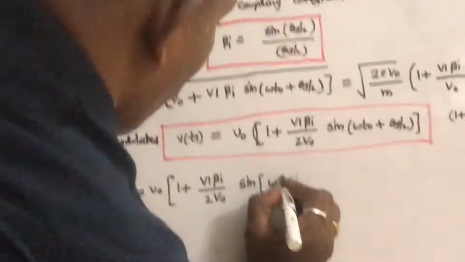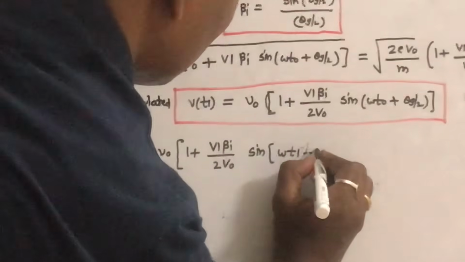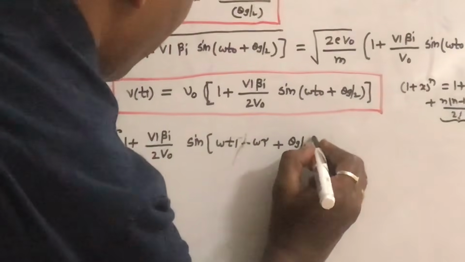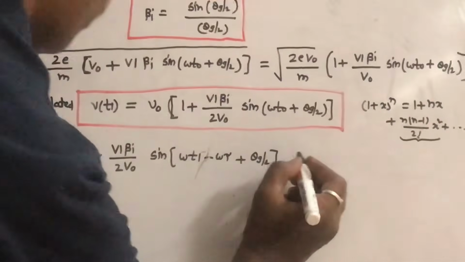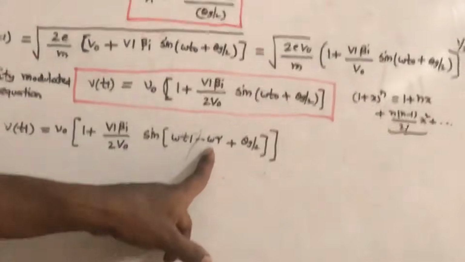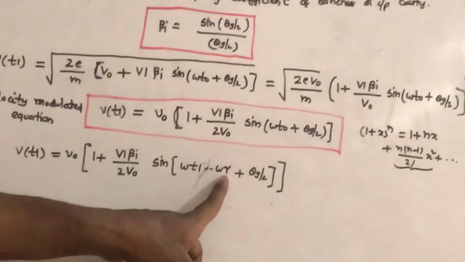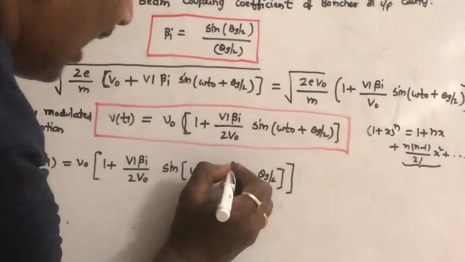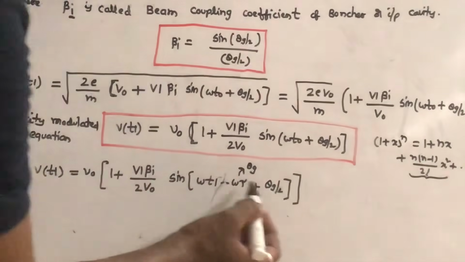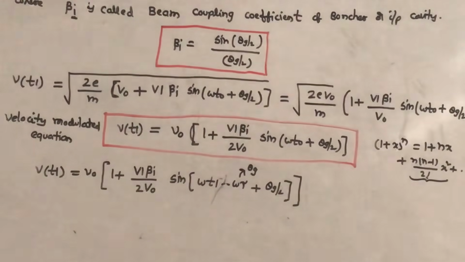If you substitute, omega t1 minus omega tau plus theta g by 2. As I said earlier, omega tau is the gap transit angle, written as theta g. So minus theta g plus theta g by 2 will become minus theta g by 2.